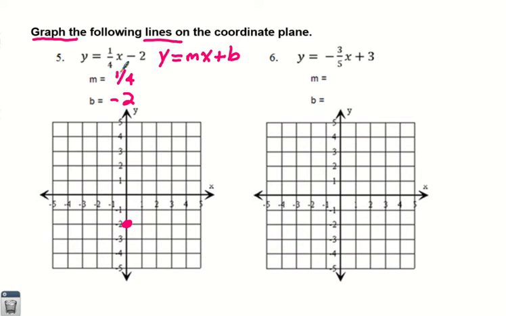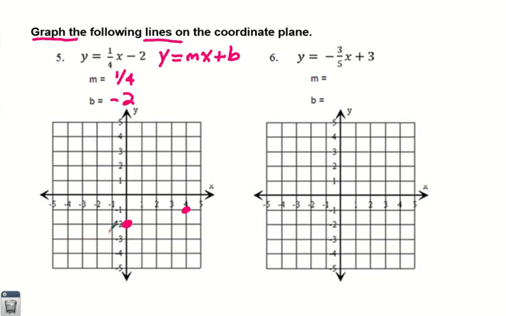So my slope, my rise over run, looks like from the point, I rise positive 1, and run positive 4 to get another point on the line. So again, I begin with b, my y-intercept, and then I use my slope, my rise over run. Up 1 over 4, boom.